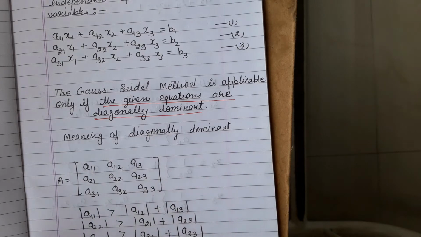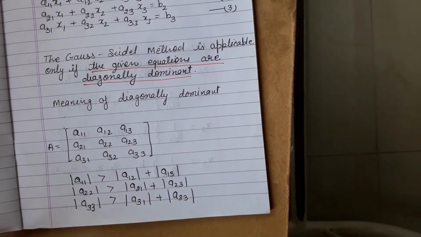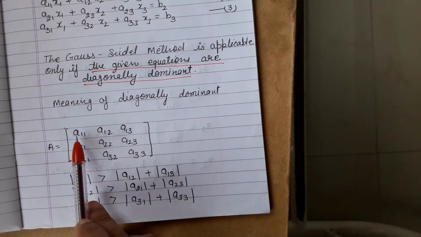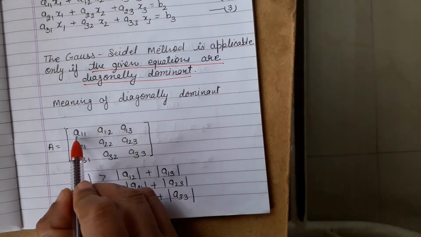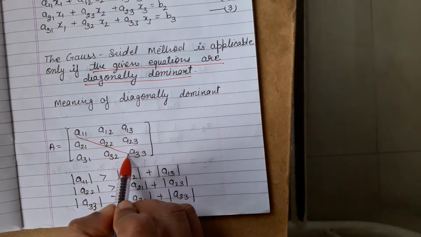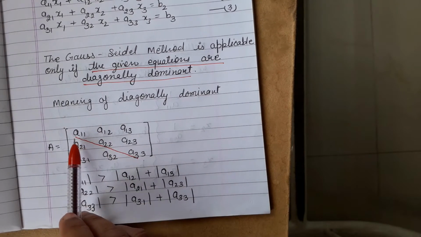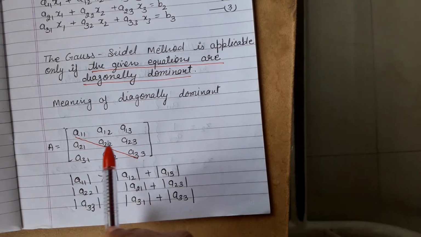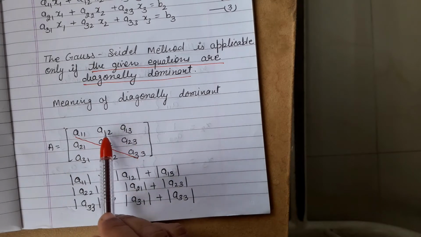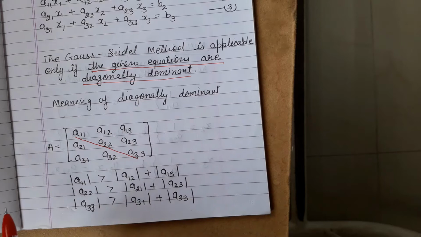Now diagonally dominant means that the magnitude of the diagonal elements, and here you can identify the diagonal elements, these are the diagonal elements, is greater than the sum of the magnitudes of the remaining elements of that particular row.